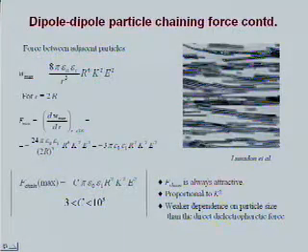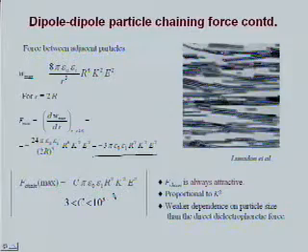Then we usually work with force when it comes to dielectrophoresis and alternating fields. So we can take the derivative of this function, and this is the expression which you obtain for the force. You're not going to find this expression in any textbook because I derived it as part of just continuing the class here. What you have to focus on here is, first of all, this force does not depend on the gradient of the field, it depends on the field itself.